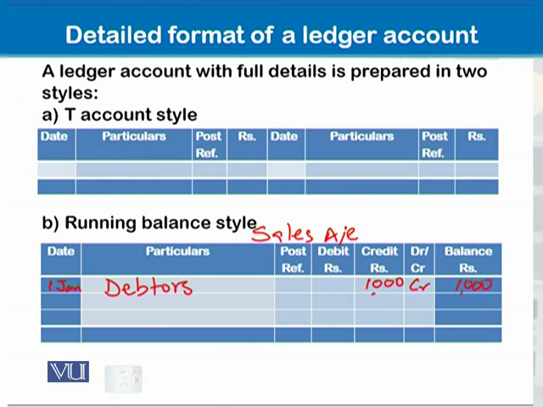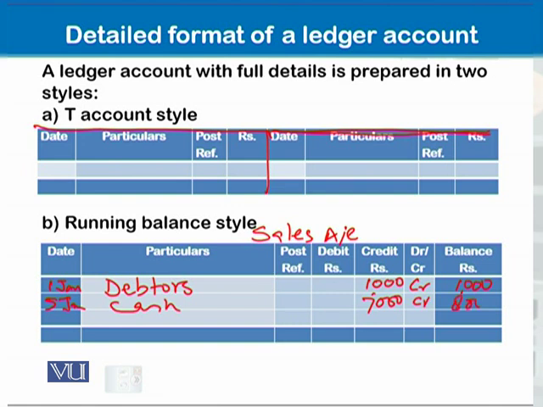Although we will learn it in detail, since we had already learned the T account style in the cash book, I'm just giving you the idea right over here of how this running balance style ledger account will be prepared. Supposedly on 5th of January, there is a cash sales transaction of 7,000.